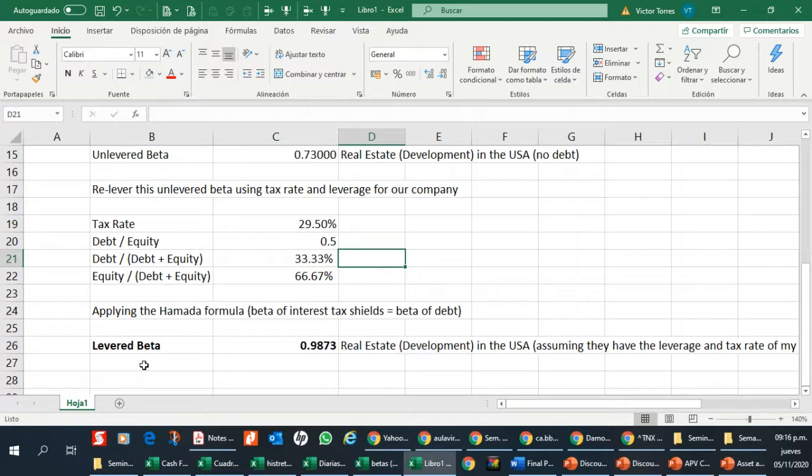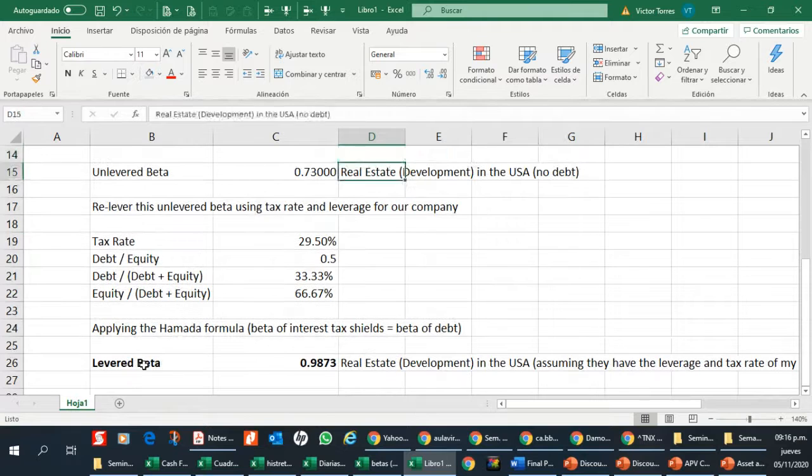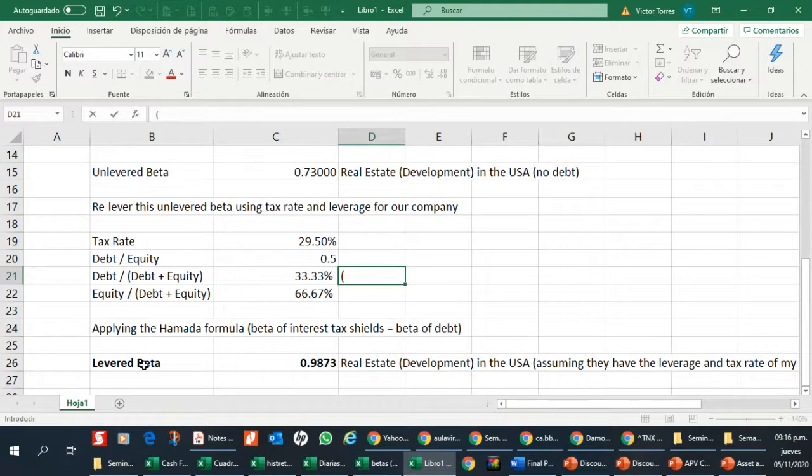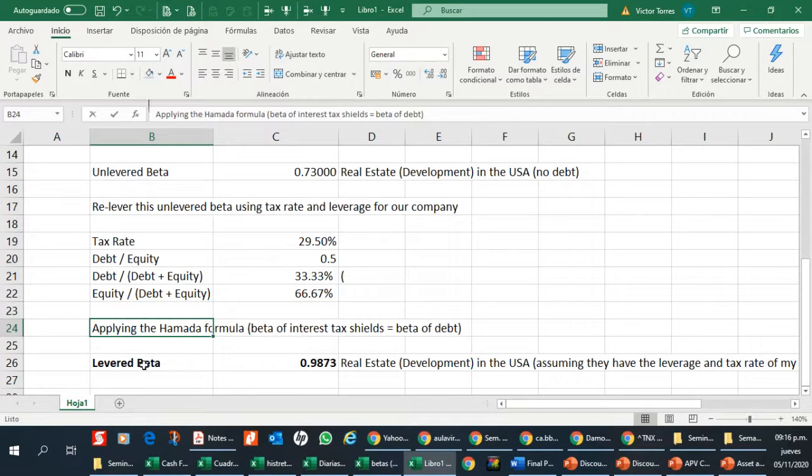Well, it means that I'm not facing significant challenges in getting the financing that is required, right? But this only applies if the level of leverage is low. Let me put it here with the Hamada formula, right?